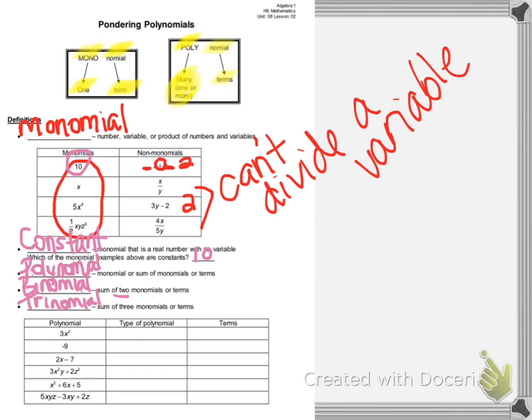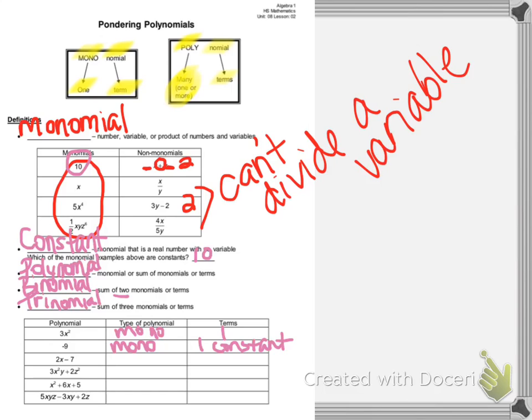So if we look at this first example, we have 3x squared. That is going to be a monomial because we have one term. -9, that's going to be a constant or a monomial. And it's one term, and that term is a constant.